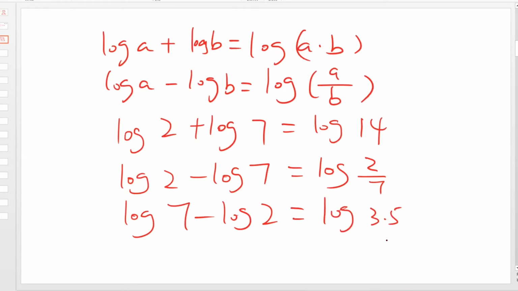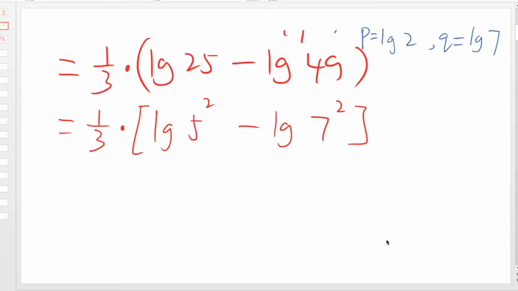Something like this, and clearly it doesn't help, right? If it doesn't help, then what to do then?